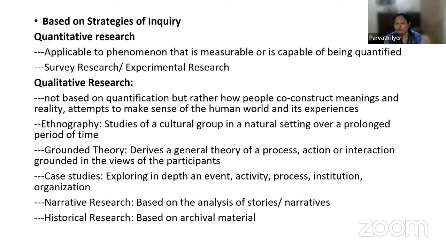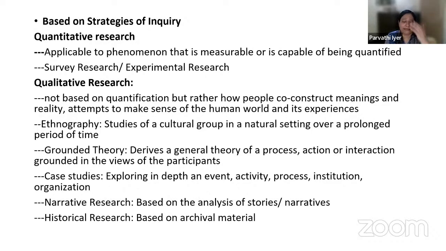And therefore, if you look at the strategies of inquiry of quantitative research and qualitative research, these are different. Quantitative research would look at phenomena which are capable of being measured or quantified.